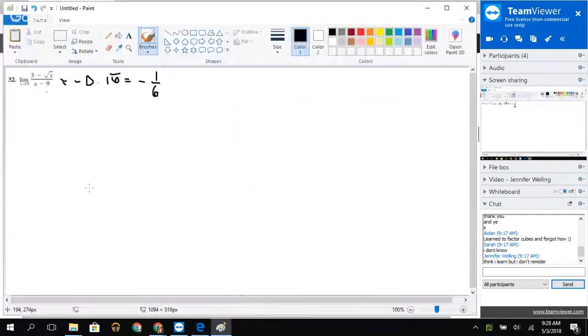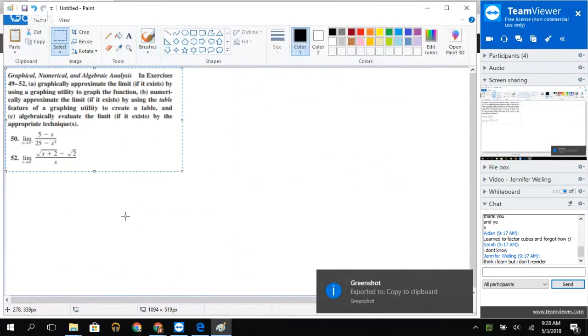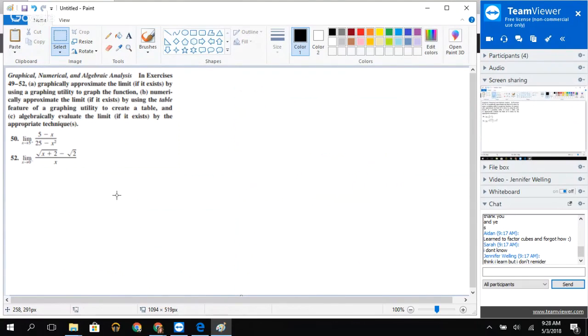If you remember, for a limit to exist at a certain point, the function has to be approaching the same value from both sides. We did a problem like this on Monday where it was a piecewise function where from one side it was approaching one value, from the other side it was approaching a different value. So that function actually didn't have a limit at that number.